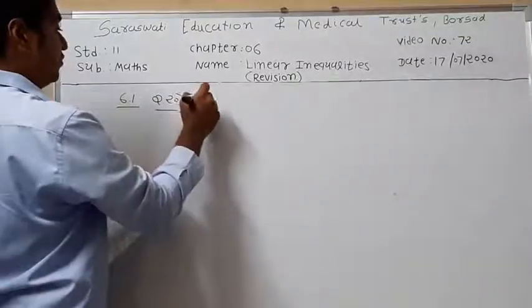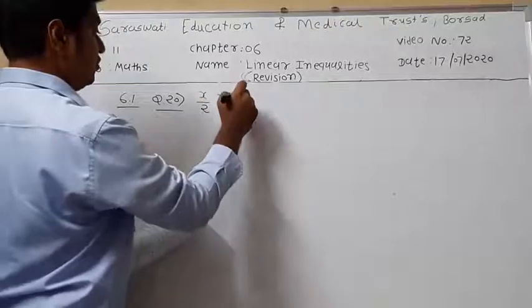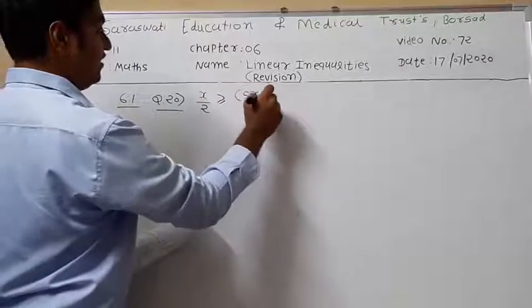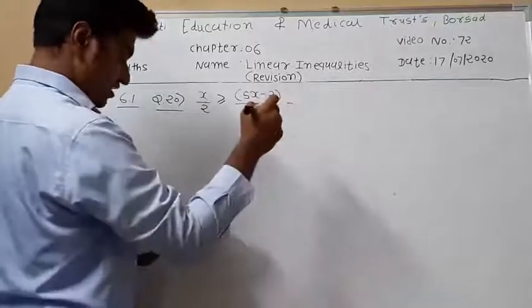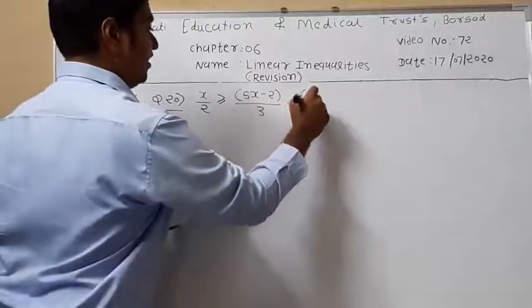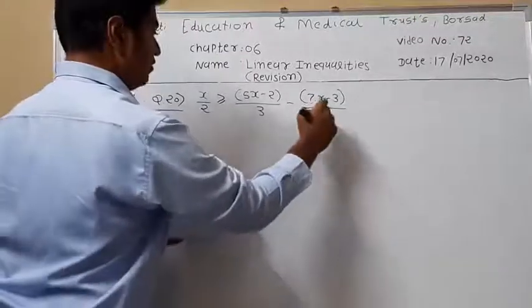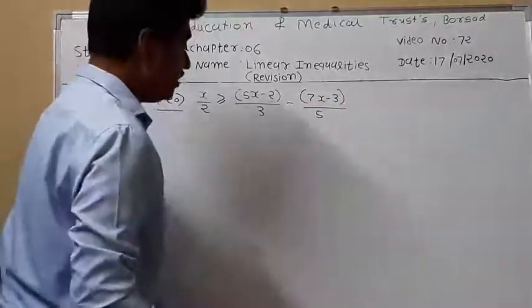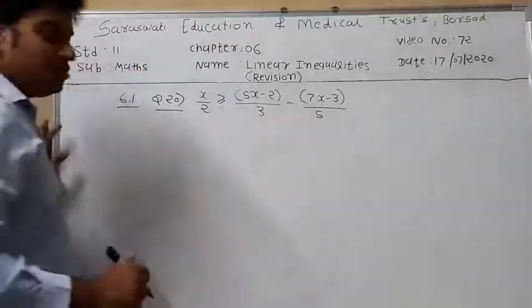x upon 2 greater than or equal to 5x minus 2 upon 3 minus in bracket 7x minus 3 upon 5. So now we take the LCM of these terms.